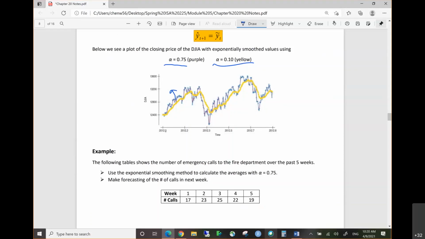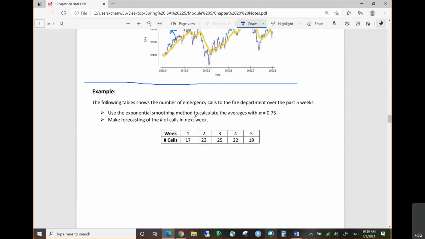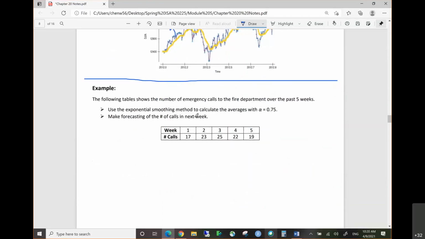All right, okay. And then we are done with all the theoretical things about the exponential moving average. Right now is our time to practice and calculate this estimated value by ourselves.